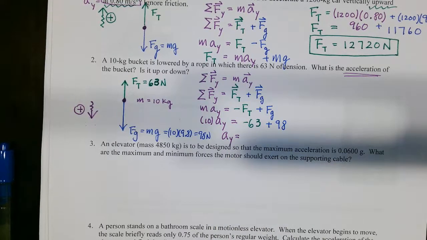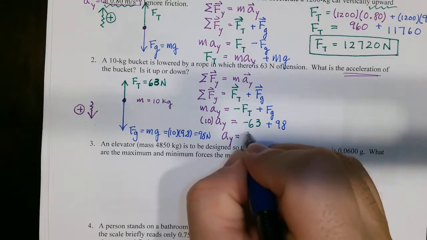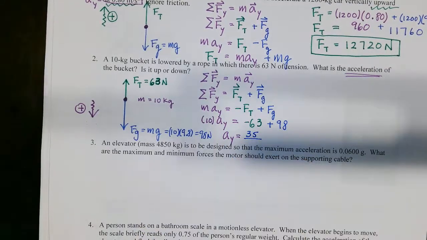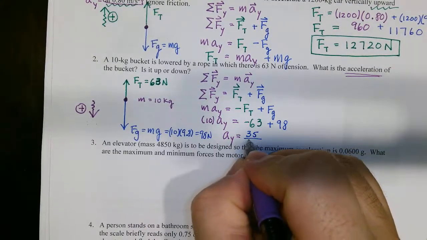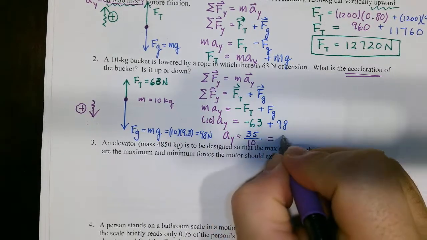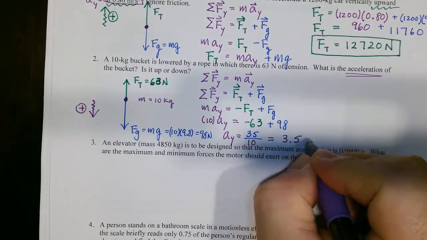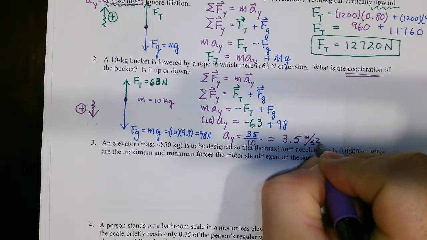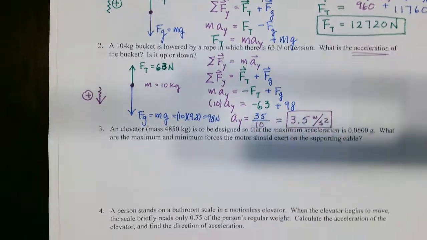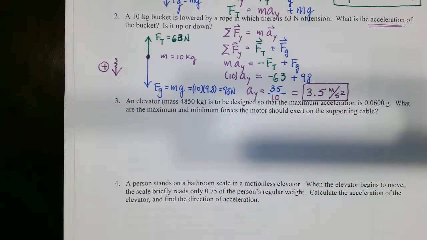That looks like 35, divided by mass of 10 kilograms. Therefore, my acceleration happens to be 3.5 meters per second squared. Okay? All right.